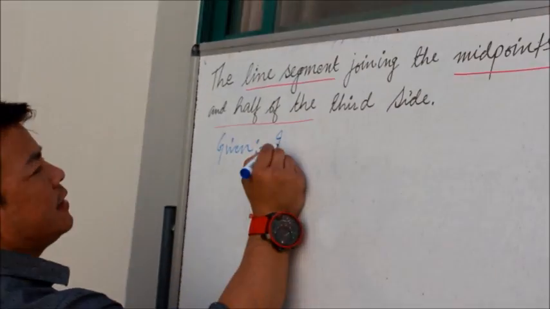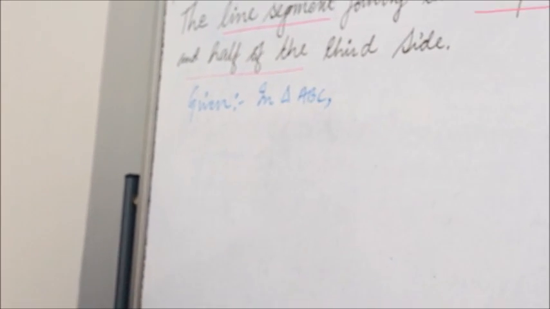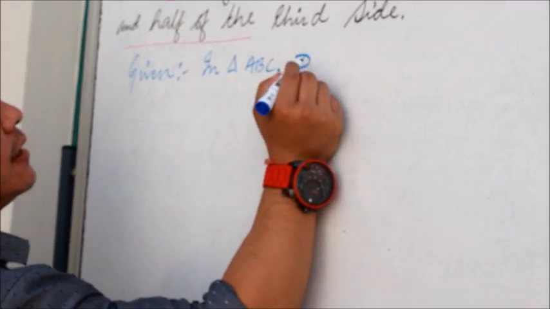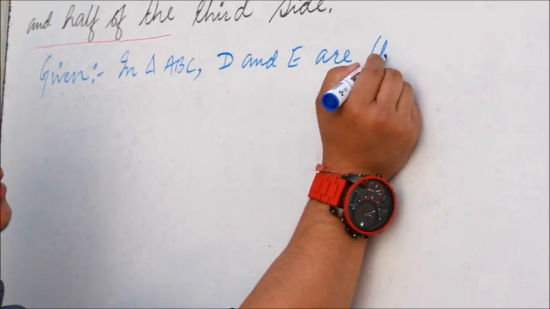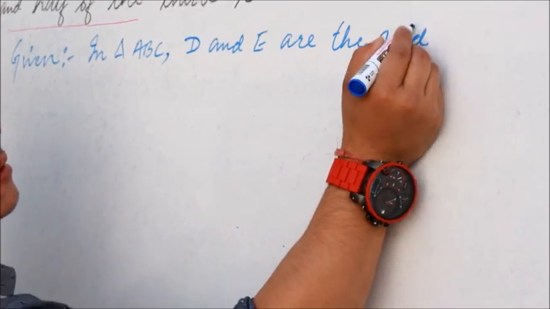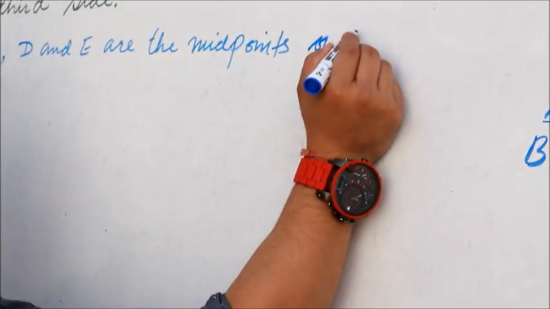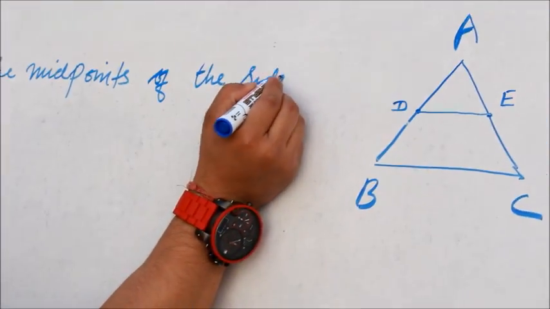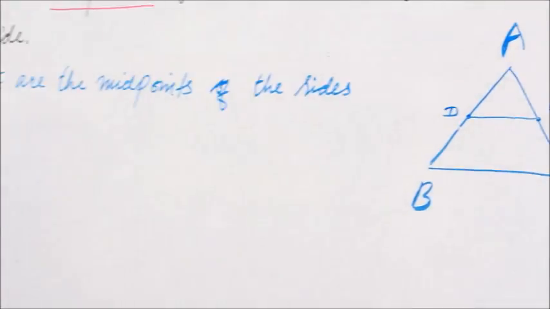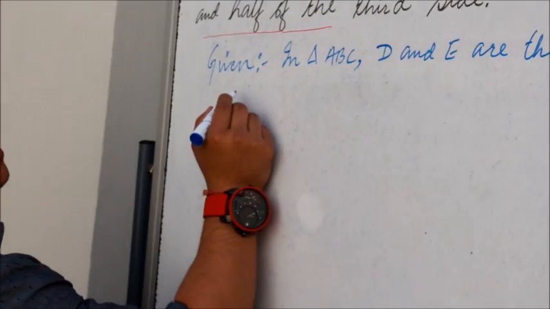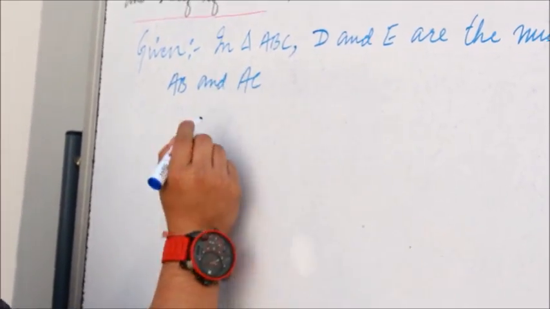So write, in triangle ABC, D and E are the midpoints of the sides. D and E are the midpoints of the sides AB and AC respectively.